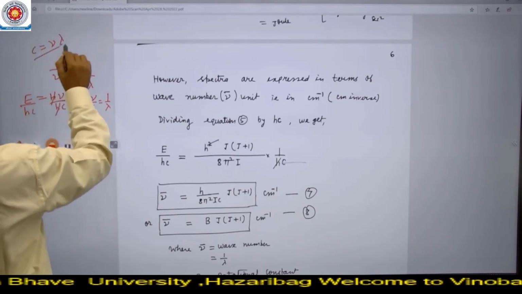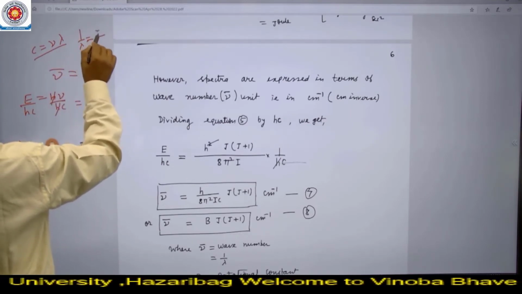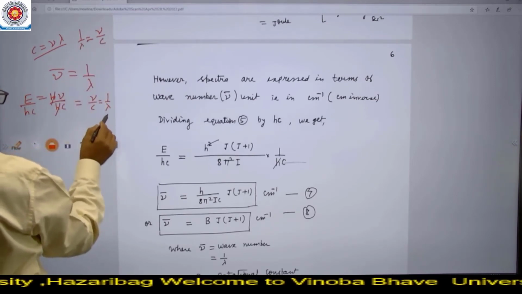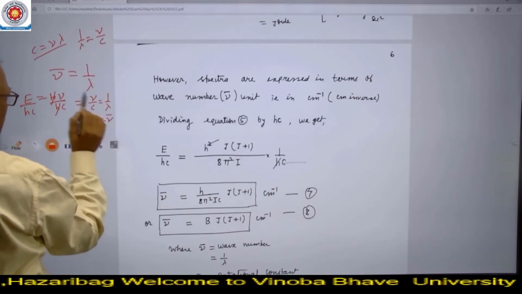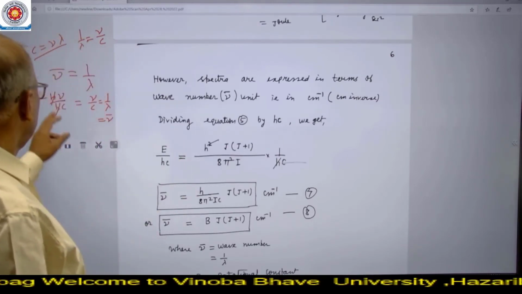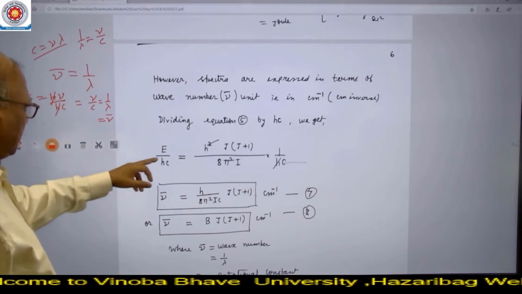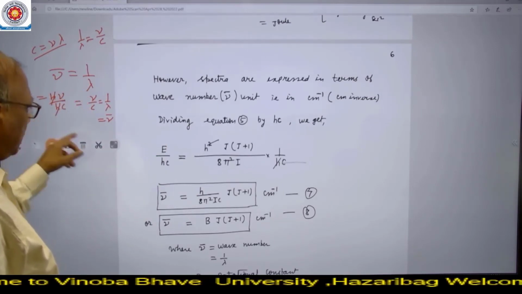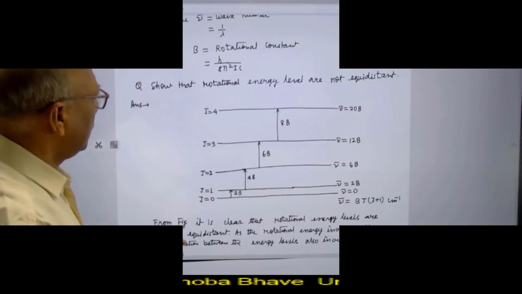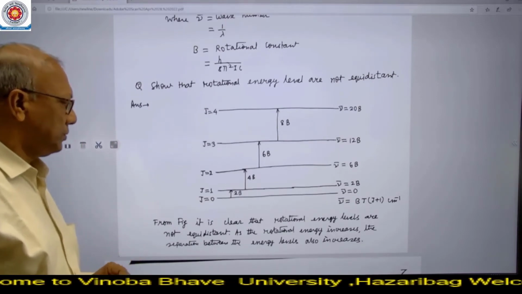So 1 by lambda is equal to nu by c, which is nu bar, and that calculation has been written here. Nu bar is 1 by lambda, and if we divide the energy by hc, then it becomes 1 by lambda, that is nu bar. There is a question: show that rotational energy levels are not equidistant.